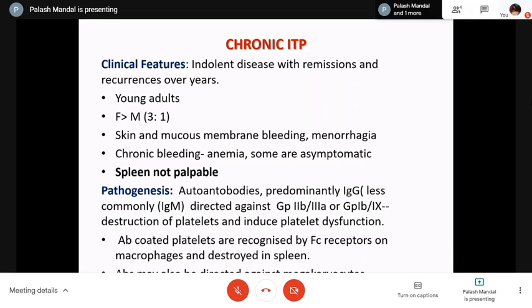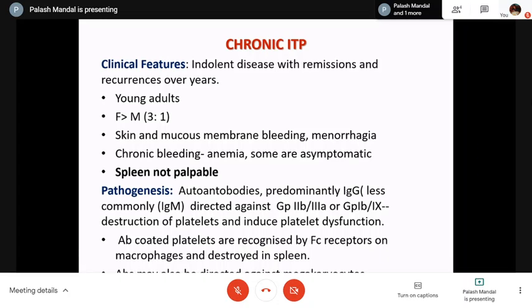Once the antibodies are directed against those antigens present on the platelet, they lead to platelet destruction and also platelet dysfunction. If the platelet is dysfunctional, it is as good as non-functional. Antibody-coated platelets are recognized by the Fc receptors on the macrophages and eventually destroyed.